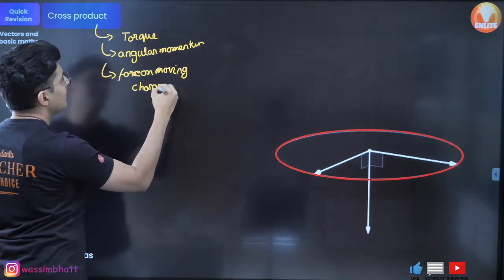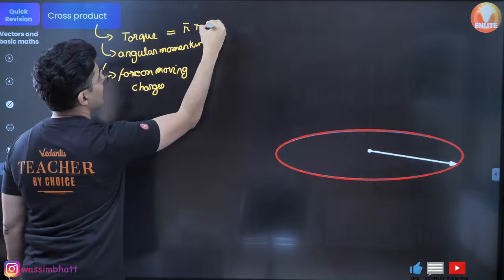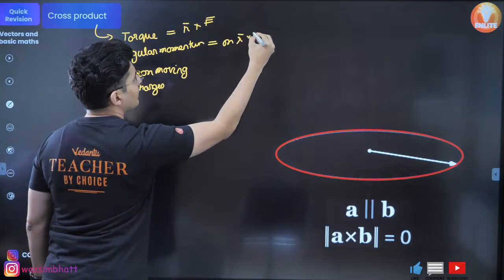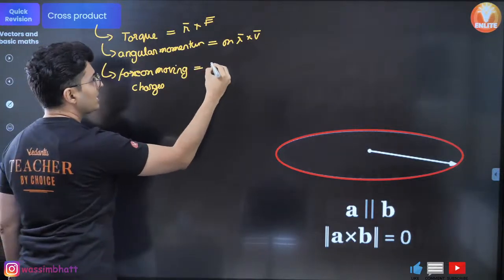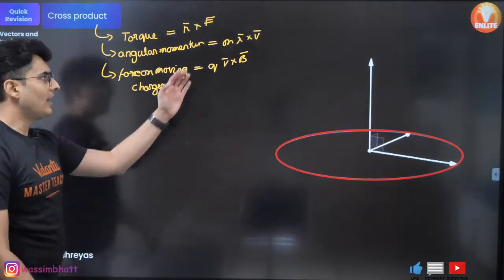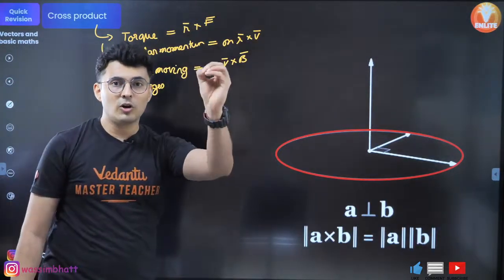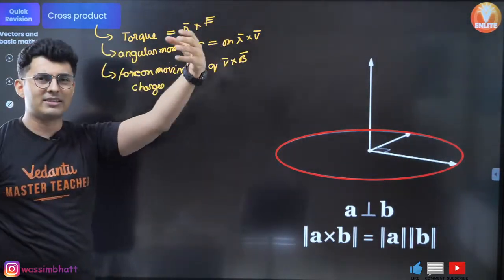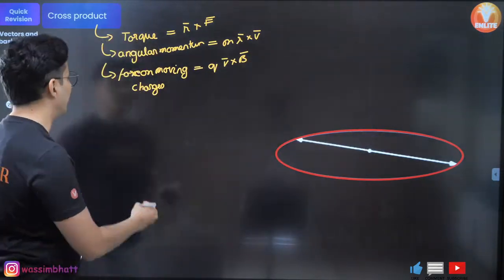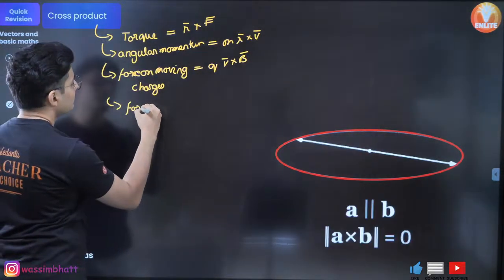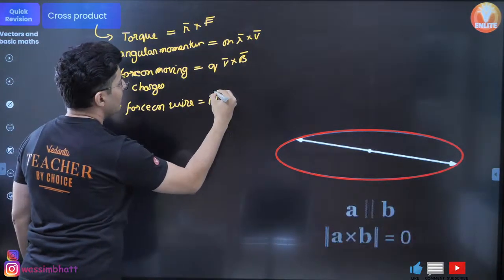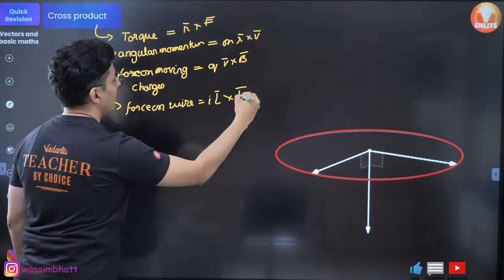Basically torque is R cross F, angular momentum is M into R cross V, force on a moving charge is charge into velocity cross magnetic field. Every place you will see cross product is there, and so many other places. Force on a current carrying wire is IL cross B and all of that. So force on wire which carries current is I length of the wire cross magnetic field.